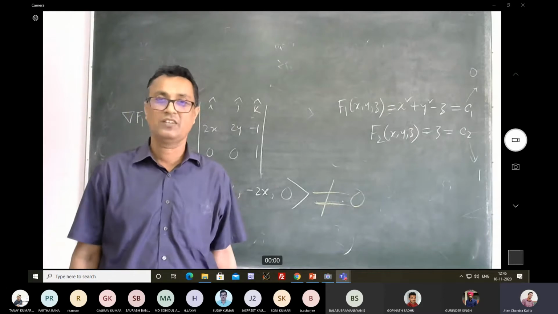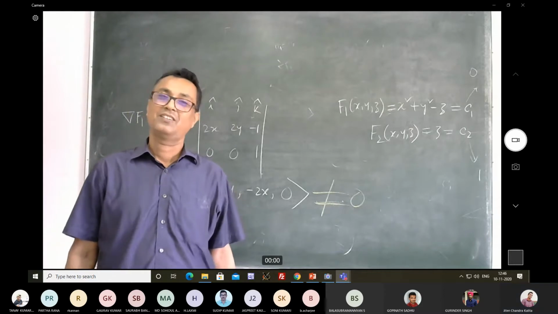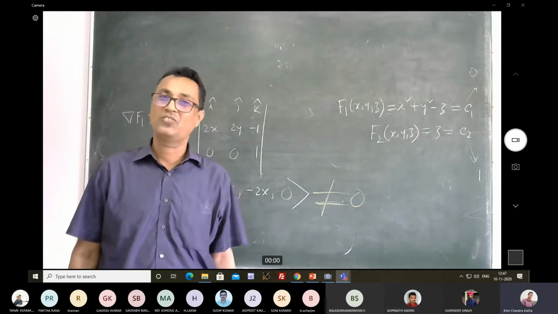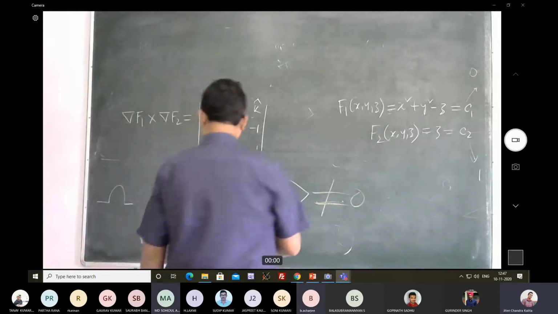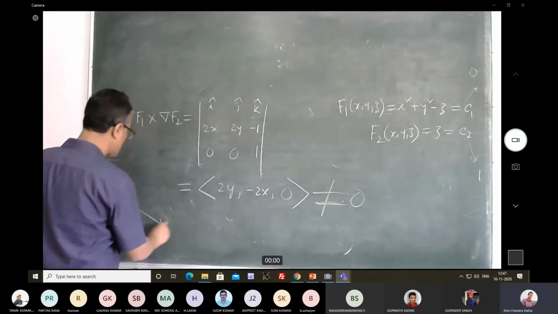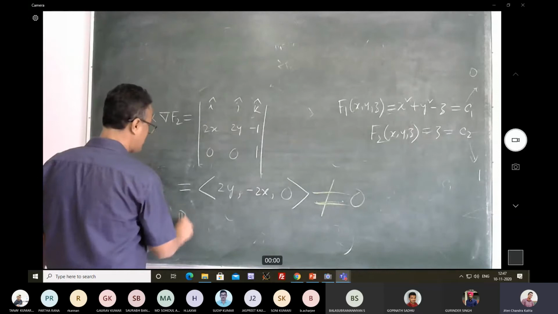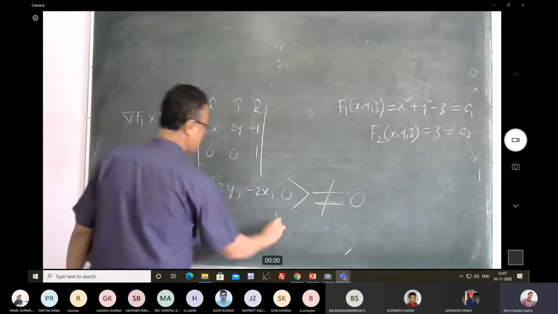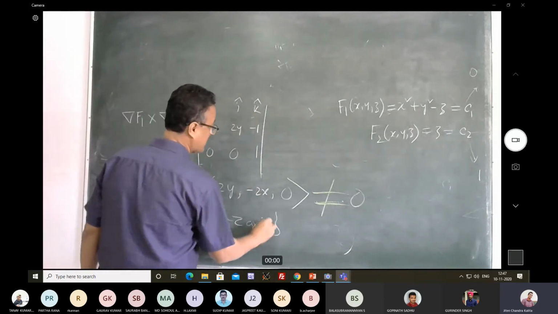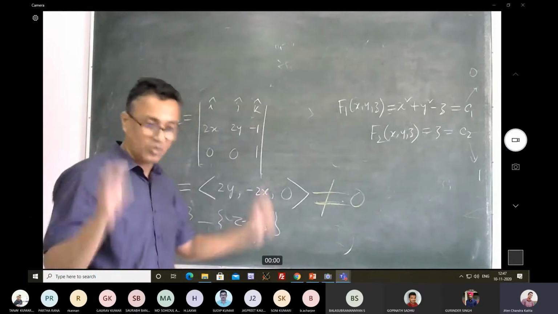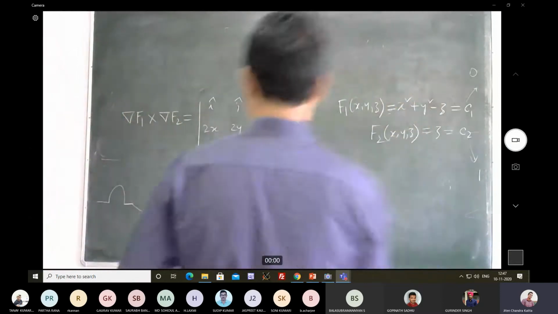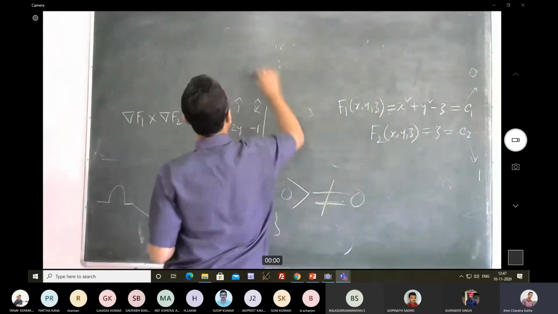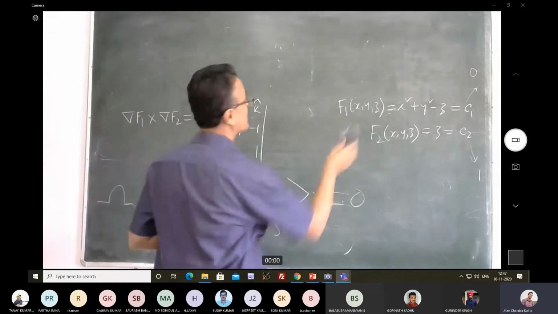Is it clear to you now? That is why we are going to choose the domain to be R3 minus the z axis. That is what we are going to do.